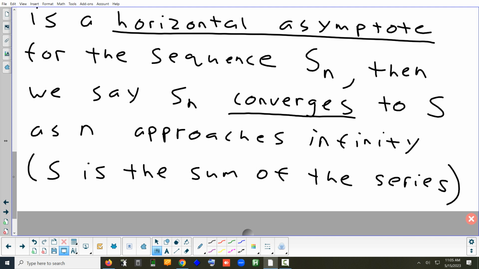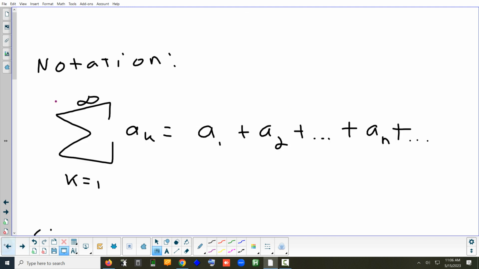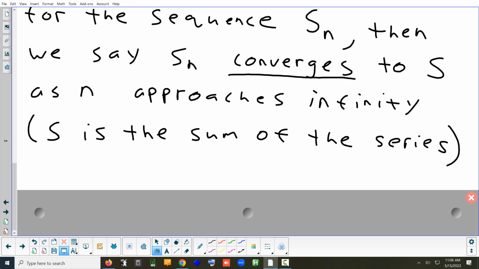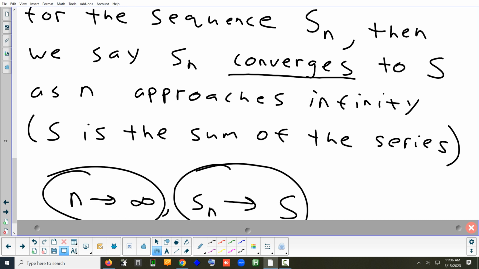Now, graphing it and visualizing it that way is fine. Eventually, we want a way to do it without graphing it and looking at the dots. And I'll show you the formula that we can use. Okay, so the more and more terms that you add up, the closer and closer your partial sum is approaching the infinite sum.